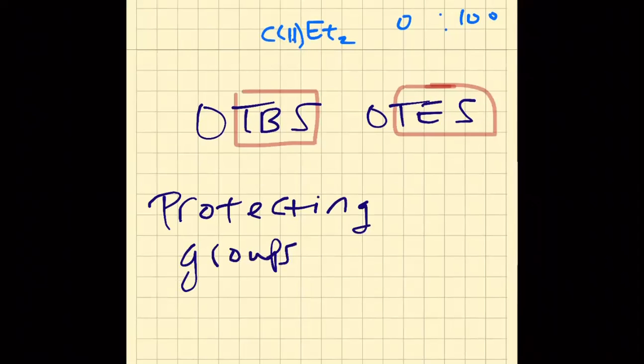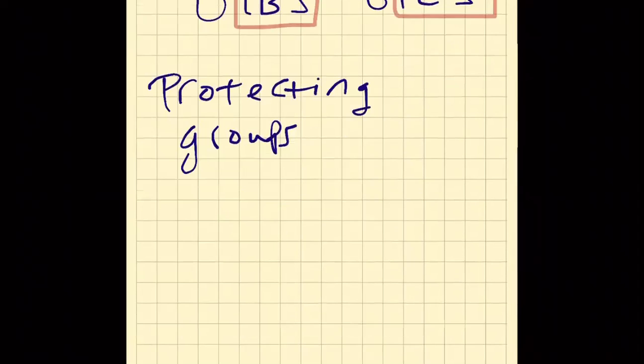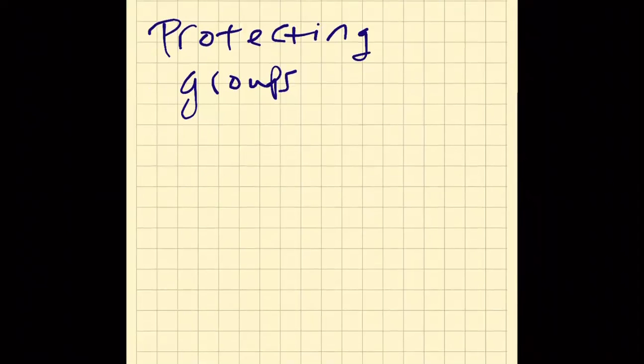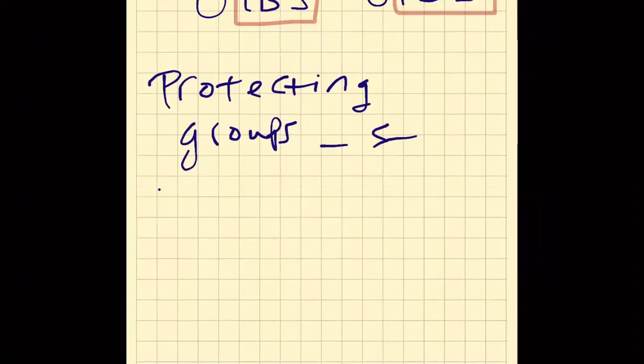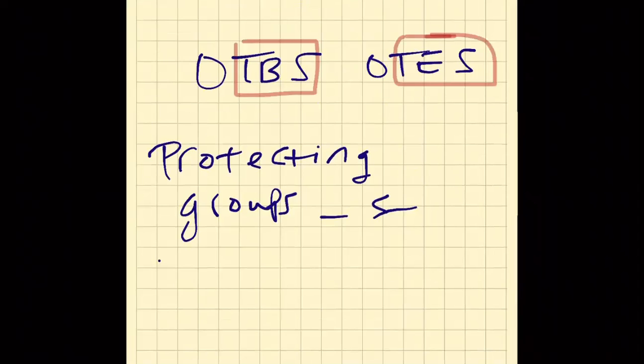Right? That you can protect different atoms. You can protect alcohols, you can protect carbonyls, you can protect nitrogens. It just depends on what functional group you want to keep from reacting. So protecting groups, what we use them for is to stop unwanted side reactions.